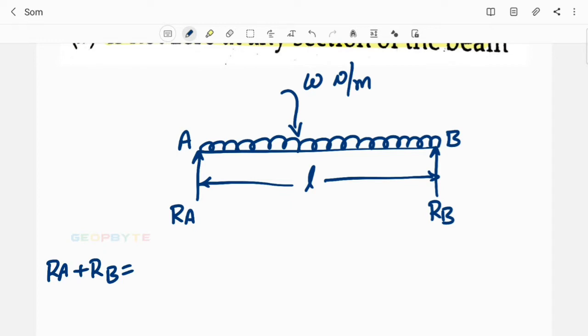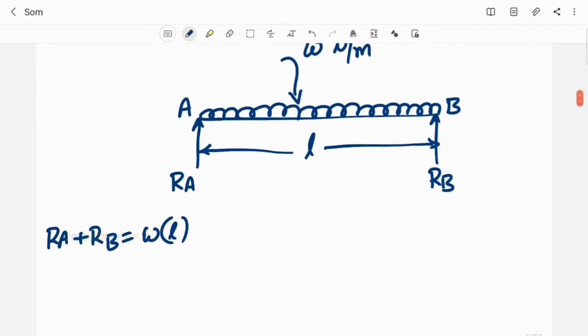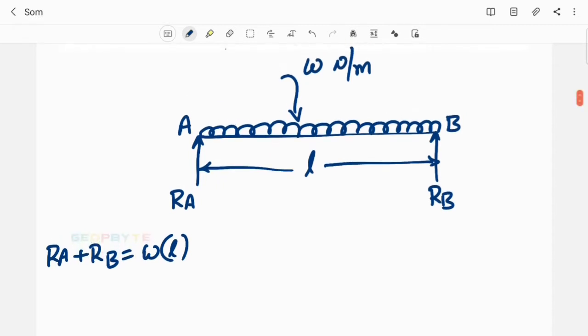By multiplying UDL with the UDL distance, W into L. Since the UDL is acting throughout the length, the reaction at A equals WL by 2, half of this value, and RB also equals WL by 2.